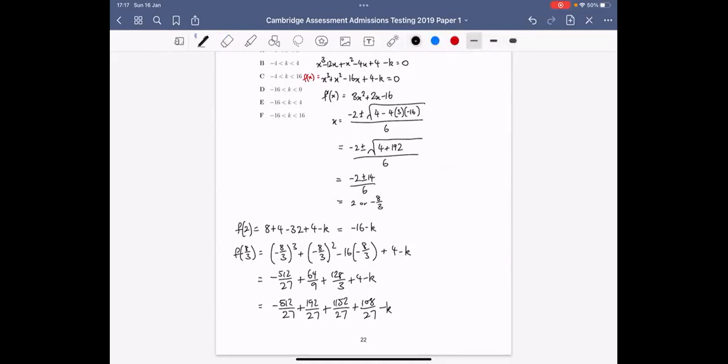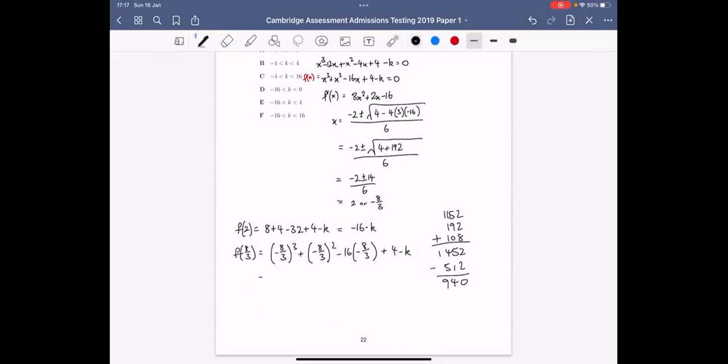Then this whole thing, you add these up first and then subtract 512, should be 940. I'm gonna put that here, which is 940 on 27 minus k. Okay, so 2 turning points.